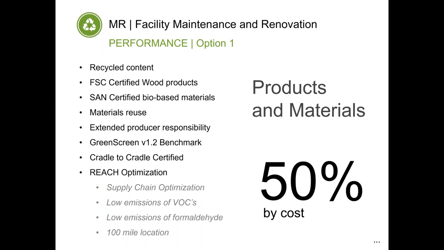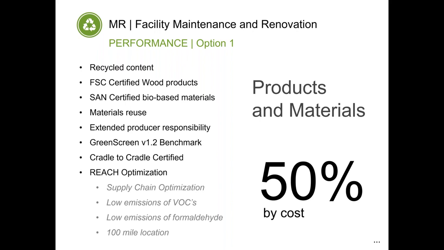For option one, looking at the products and materials, achieving a 50% compliance by cost. So again, total cost of the products that fall into this category for facility maintenance and renovation, 50% or more must be compliant. Recycled content is a really big ticket item here. If you can source products that have recycled content, it can help you achieve the threshold fairly easily, or not easily, but easier, I should say.